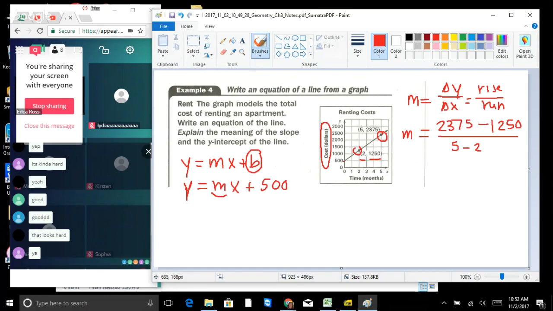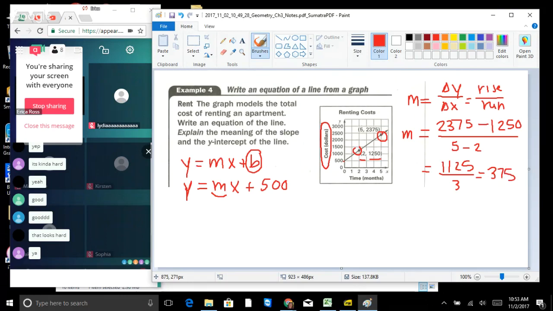So even though these are huge numbers, you can still calculate the slope, right? Let me pull up my calculator here. 2,375 minus 1,250 is 1,125, divided by 3. So that's 375.